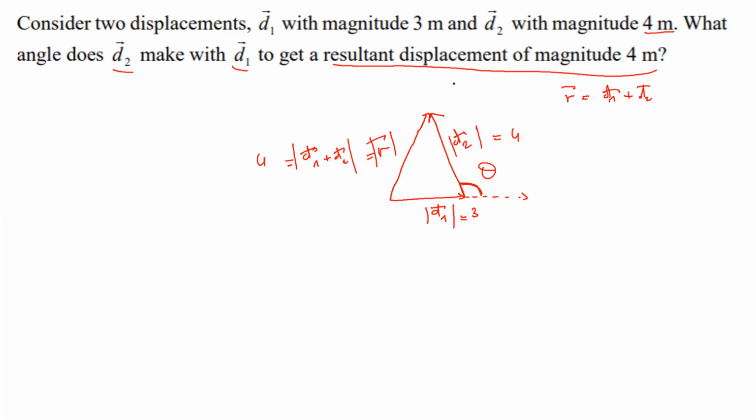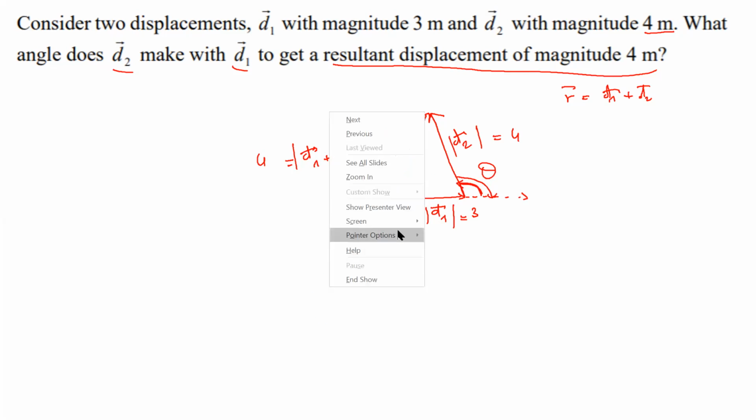Either you can look at it from D2 to D1, basically this angle, or D1 to D2, to get a resultant, which is here.